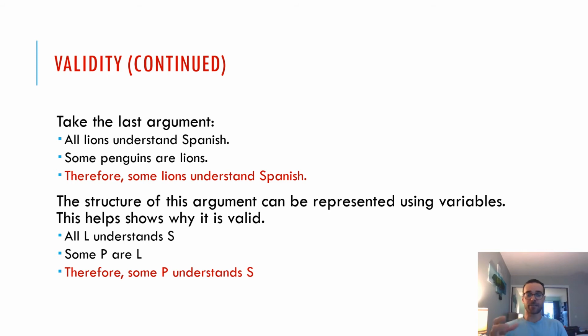And so we need to make sure that when we're looking at an argument structure, we're seeing the scaffolding, the building blocks of that argument, and not necessarily focusing on the content at first. First, we look at the structure, we determine whether or not the argument's valid, and then we can move on to the content.